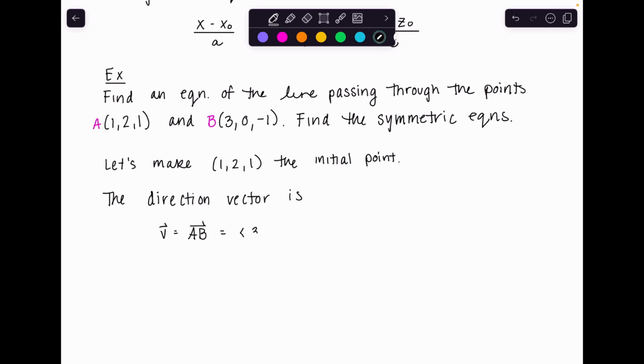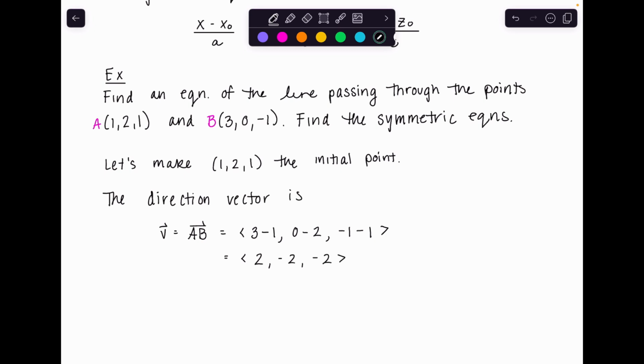So in our x-coordinate, that will be 3 minus 1. In the y, it's 0 minus 2. And in the z, -1 minus 1. So going through this subtraction, our direction vector is 2, -2, -2.